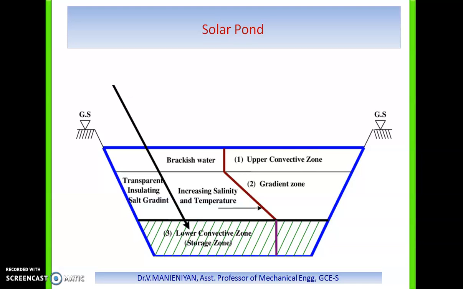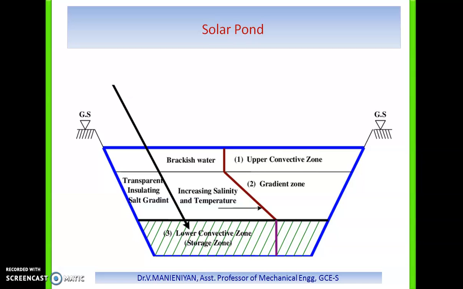If the pond were initially filled with fresh water, the lower layer would be heated, expand and rise to the surface. Because of convective mixing and heat losses to the surface, only a small temperature rise in the pond would be realized. On the other hand, convection can be eliminated by using an initially sufficiently strong salt gradient.